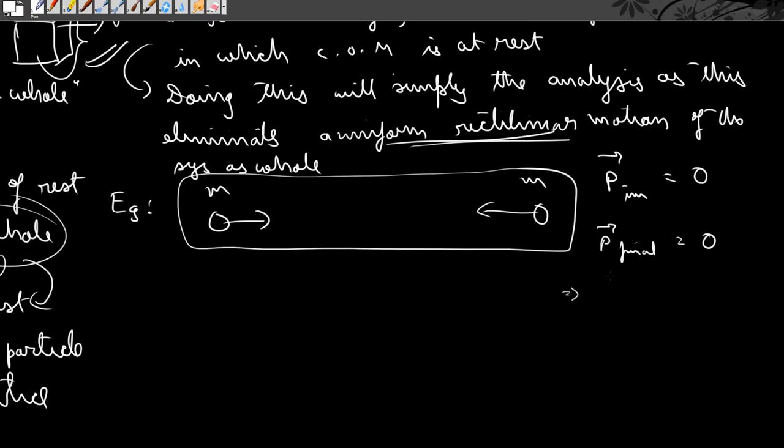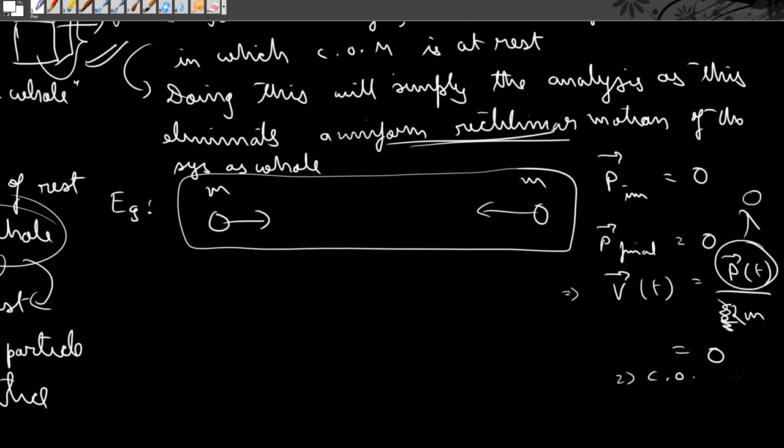This implies the velocity at any time, given by the total momentum at any time divided by summation of masses, which is 2m in this case, is going to be 0 because this P of t is conserved and it's a constant which is 0. This implies in this case the center of mass is at rest. And what is the center of mass?